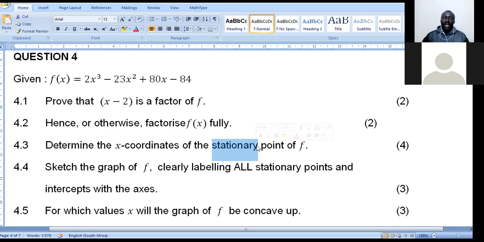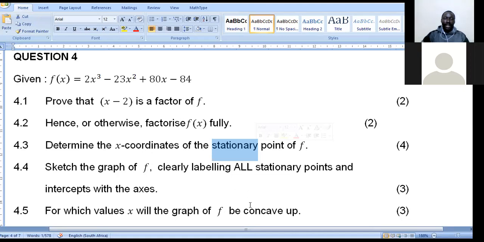And so the slope is 0 when there is no change. So that then means we have to differentiate f of x. And when we differentiate f of x, we get an expression for the gradient. The expression for the gradient, we make it equal to 0 because at the turning point, the gradient is 0. There is no change in the function. The function is not climbing up. The function is not sloping down. There is no change.